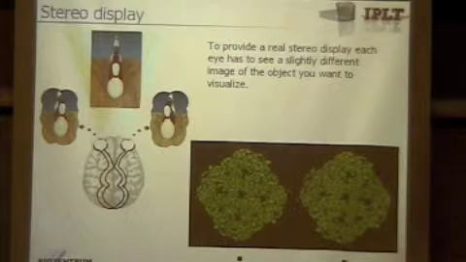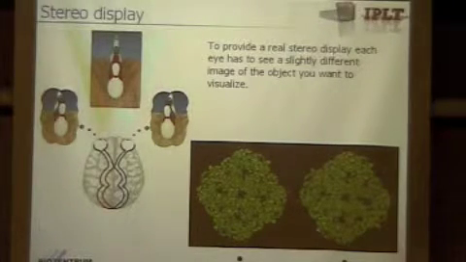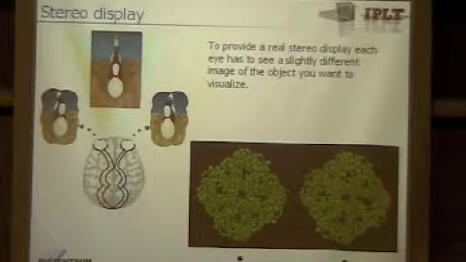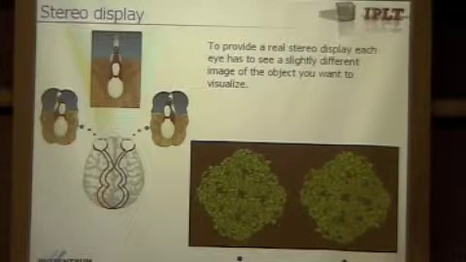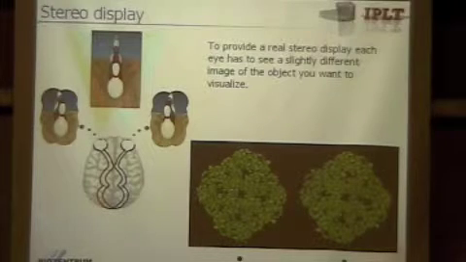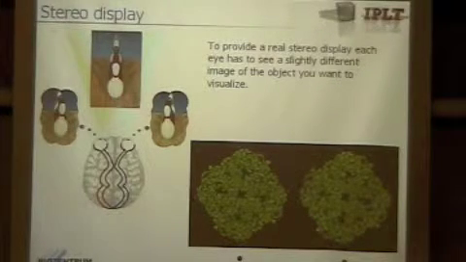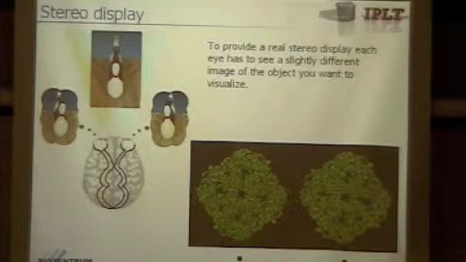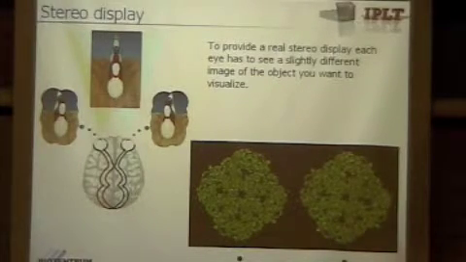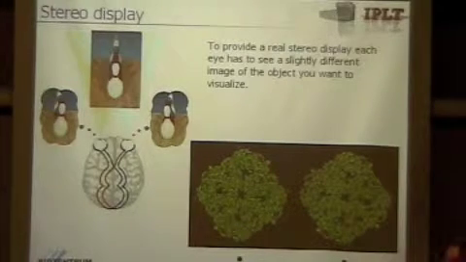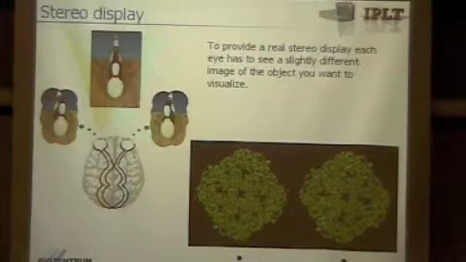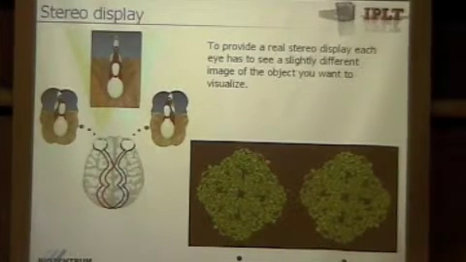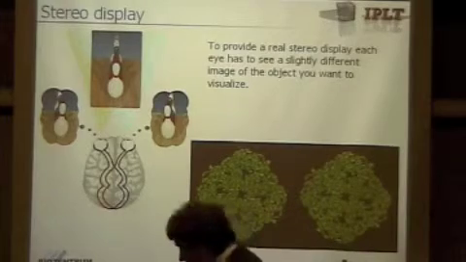Okay. In a way, the best way to look at it is to really have a 3D image. But there you need to use some tricks, because normally your screen is always a 2D object. So you need to trick your eyes so that you really see something in 3D. The basic way to do that is to provide two images, and make sure that one eye sees one of the images and the other eye sees the second one.